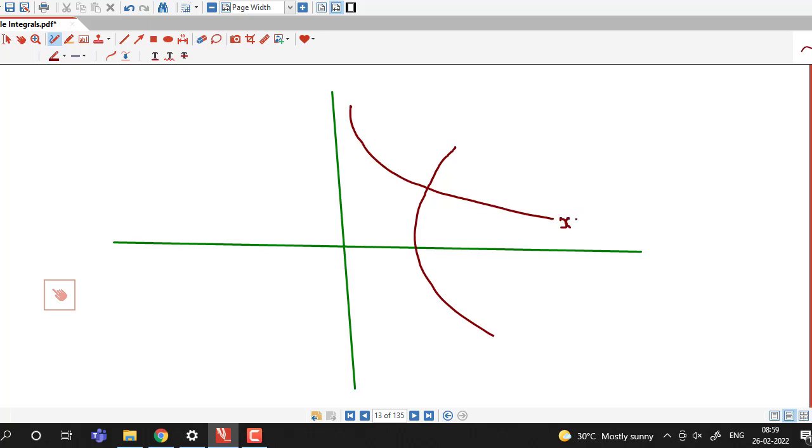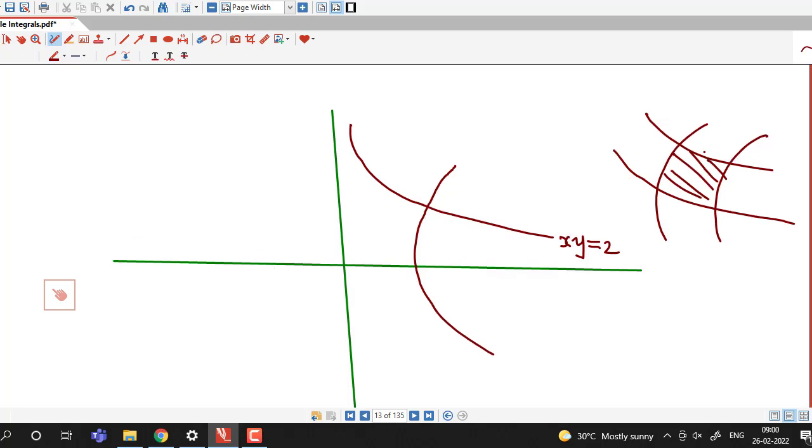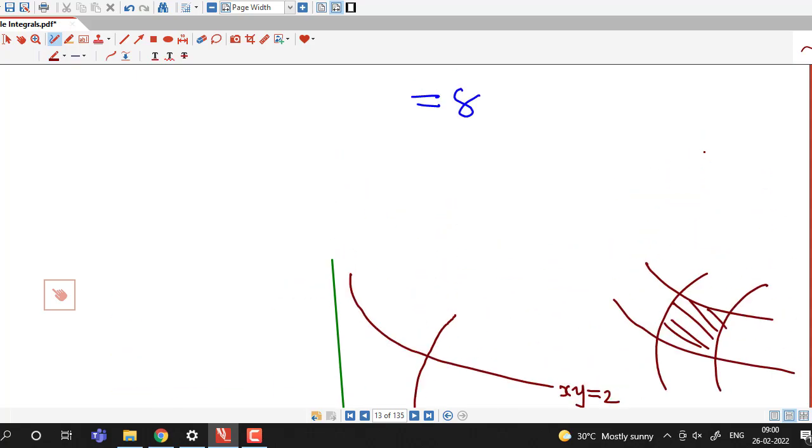Suppose I have x into y equal to 2, and I can sketch another hyperbola also. So we will have this type of region, and here we have to consider sub-regions. We have to divide the region into 2 sub-regions, either with a horizontal line or a vertical line.